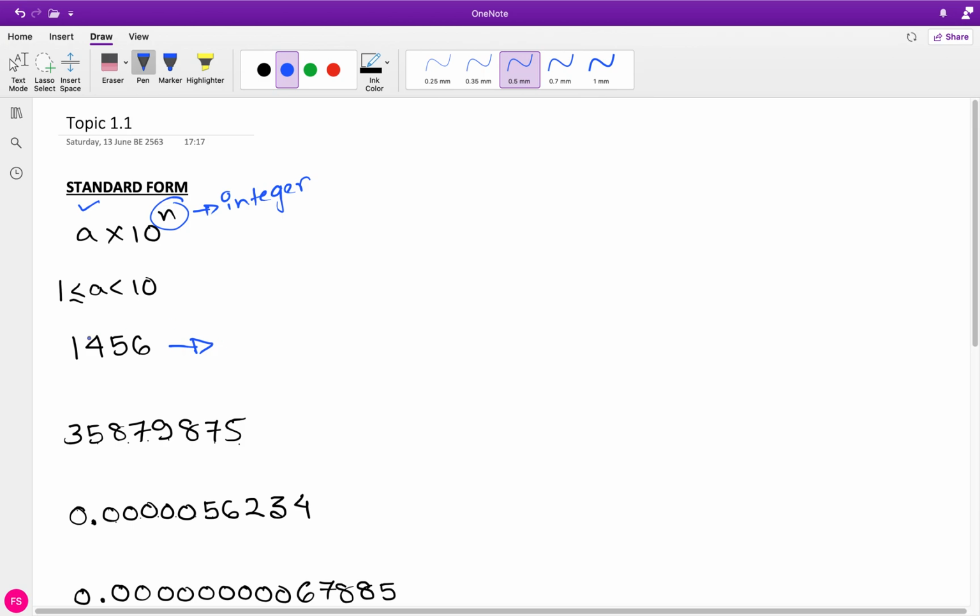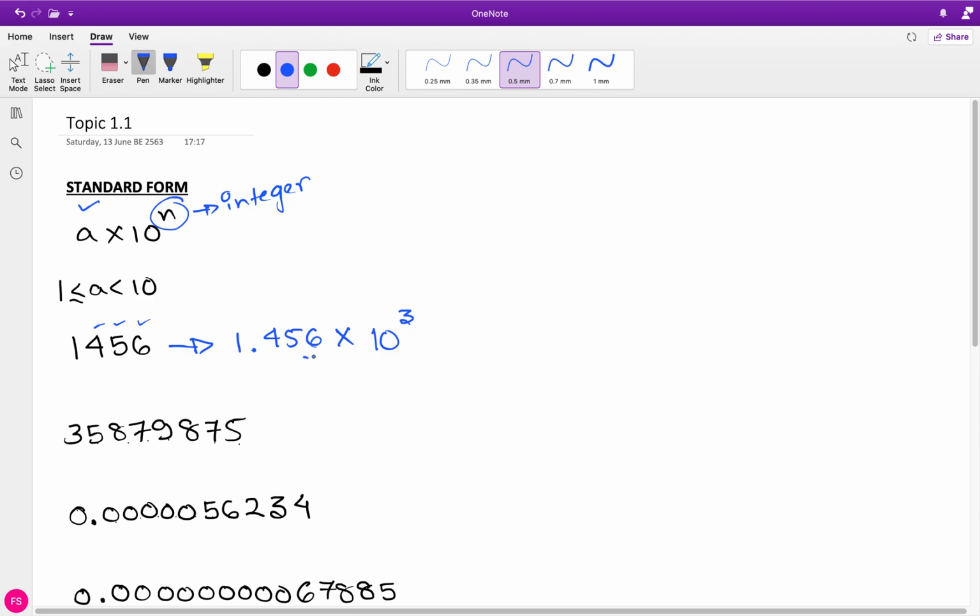All you need to do is take the first number, which is 1, then put a decimal point after it. Then we have 456 times 10 to the power of, now you have to count how many numbers you have after the decimal point, which is 1, 2, 3. It's 3 in this case. But in standard form, you always use 3 significant figures.